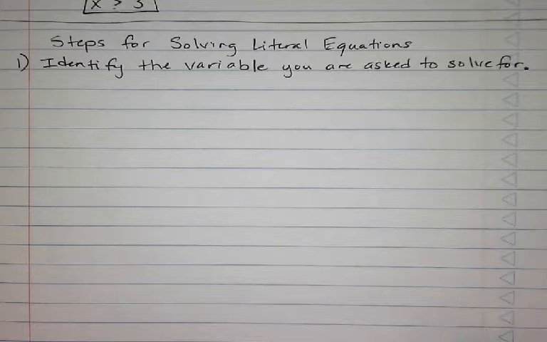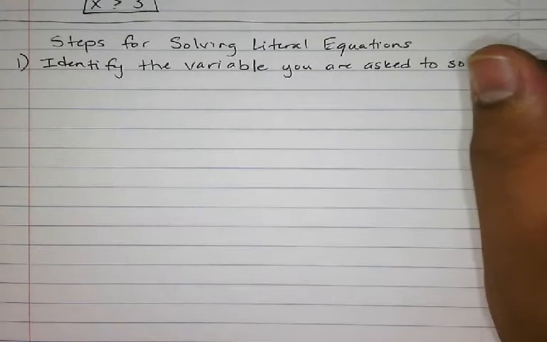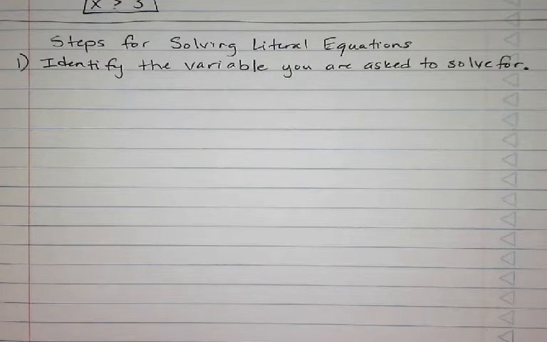Okay, so let's say we need to solve for x, or we need to solve for a, or we need to solve for b, or whatever letter they use for the variable you need to solve for. That's what you need to identify first.